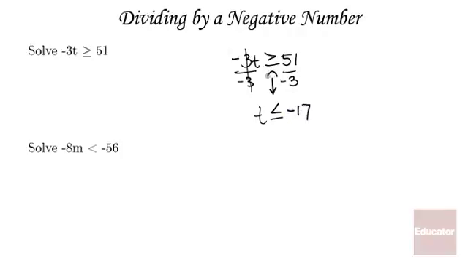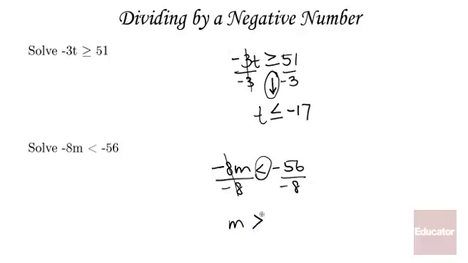So as I said before, it's a good idea to draw an arrow or to reverse the sign right away. Sometimes people prefer to circle the symbol. So for example, I'm dividing both sides by negative 8, and I'm going to circle the symbol to remind myself. That becomes positive, and the symbol switches around to 7. So m is greater than 7.